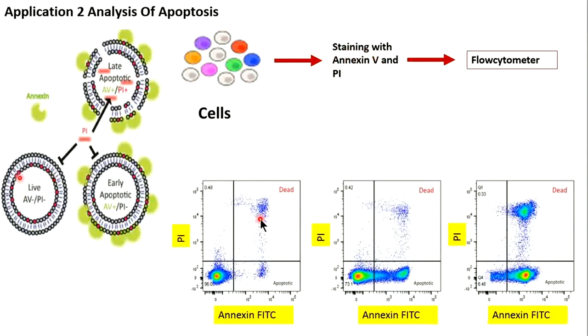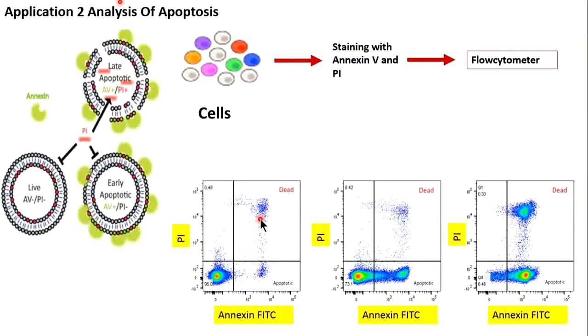So if your cell is live, it will be negative for PI because PI is not entering, and also negative for annexin 5 because the phosphatidylserine is on the inner leaflet of the plasma membrane, so annexin 5 is not able to bind it.